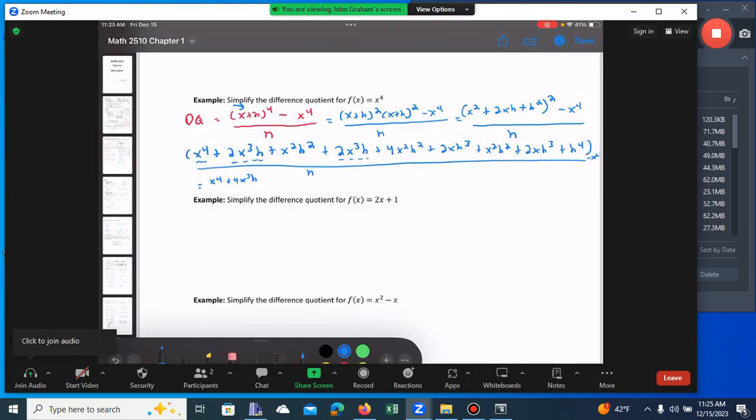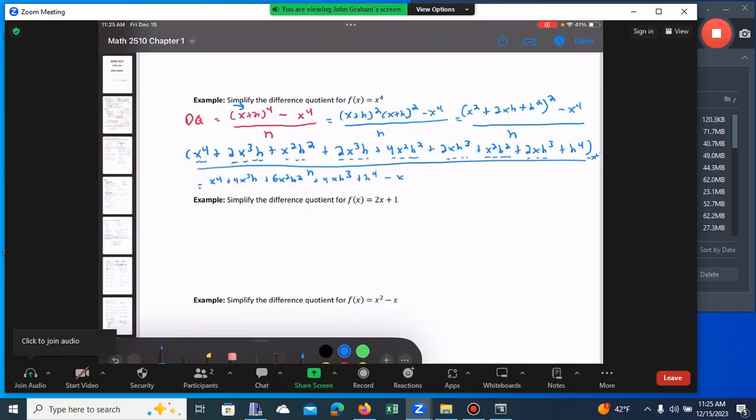X squared h squared, 4x squared h squared, 5x squared h squared. 2xh cubed, 2xh cubed, the 4xh cubed. Now notice I have one more x squared h squared, so that'll make it 6. And then h to the fourth.